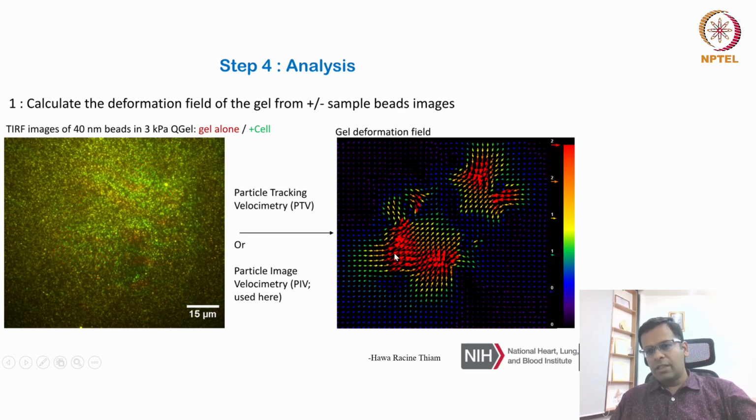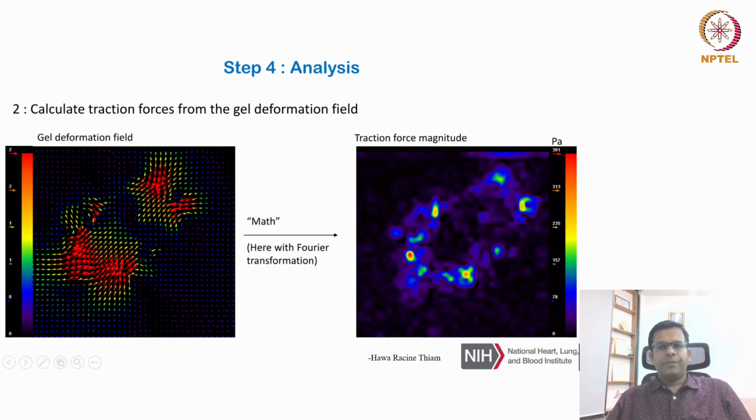You can then see how those pillars have moved. The pillars in this area moved in this direction, whereas the pillars in this area moved in this direction. So this is how the cell imparted forces on that soft substrate, the soft pillars, and this is how you can measure the traction forces applied by the cell.